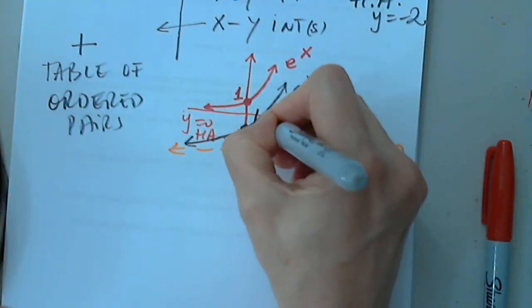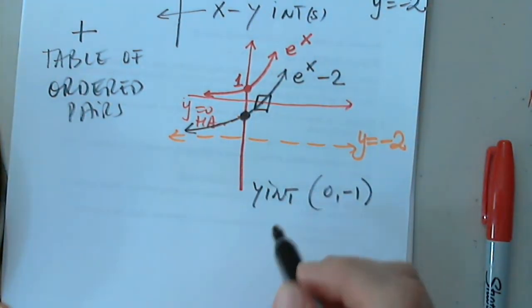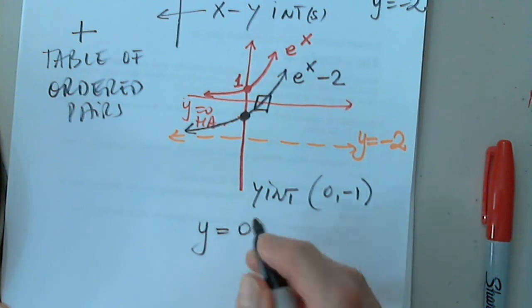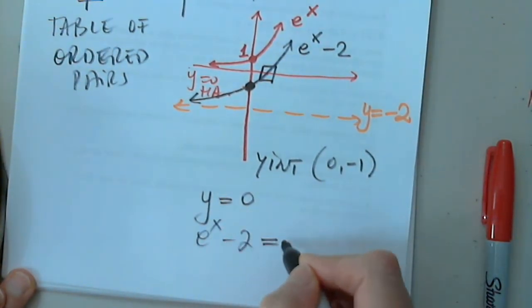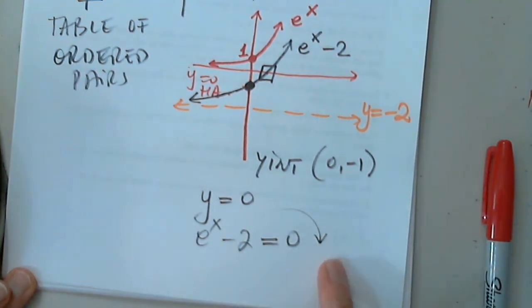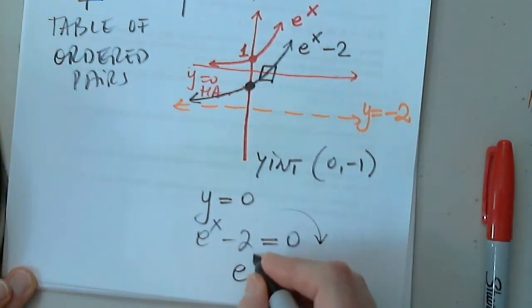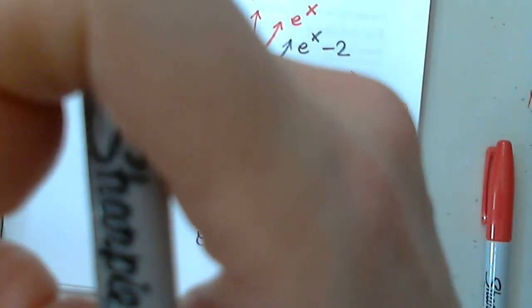In order to determine the x-intercept, I have to set y equal to 0, which means e to the x minus 2 equals 0. I move 2 to the other side, or add 2, so e to the x equals 2, and I have to remember how to solve this equation.